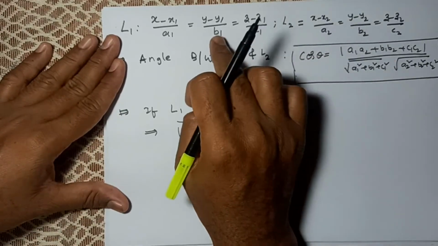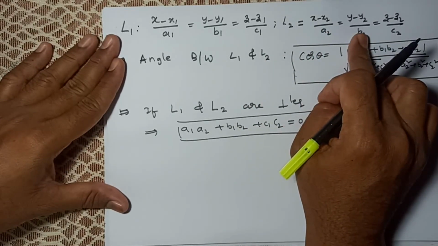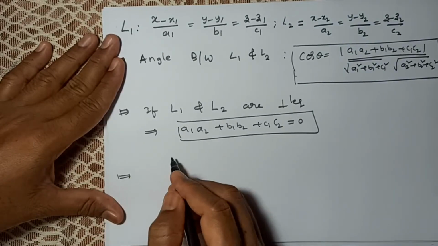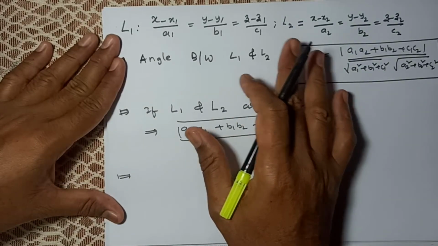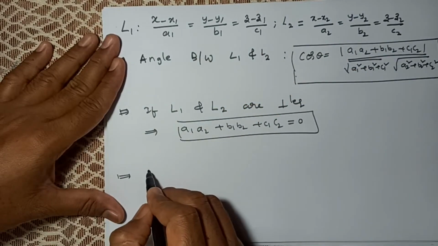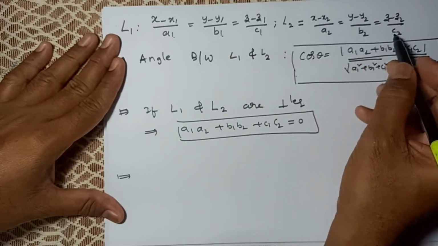If the same two lines are parallel, meaning collinear condition, we know that if two linear equations are parallel, then we have to compare their coefficients. Now we are going to compare their DRs. So these are the DRs.